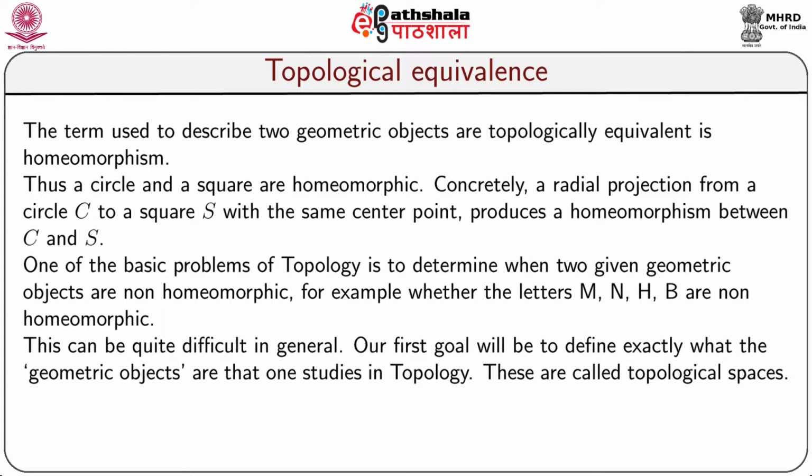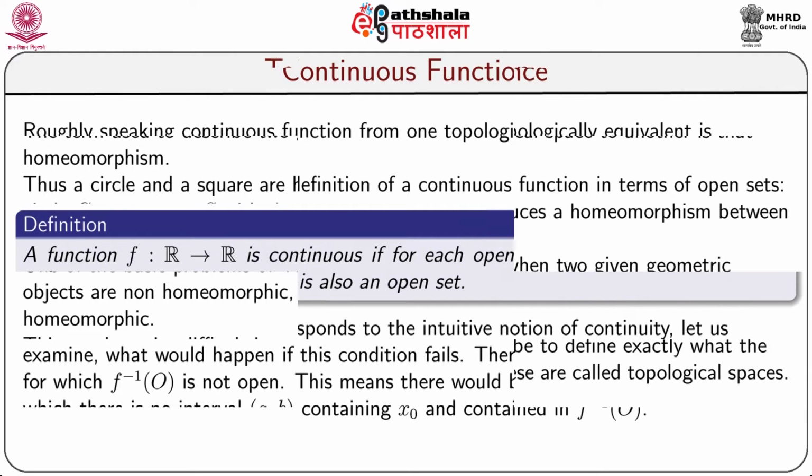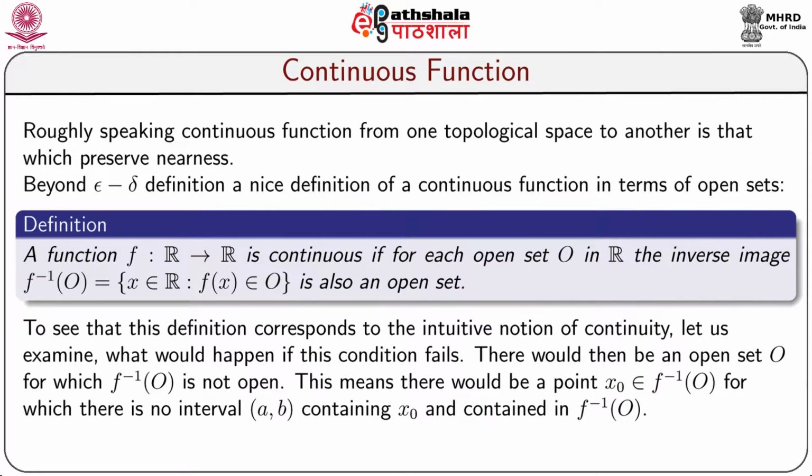It can be quite difficult in general to decide whether two topological spaces are equivalent or not. To show that two topological spaces are not equivalent requires harder work. But to get the proper notion of topological spaces, first we have to get a proper notion of continuity. So, let us start from elementary real analysis.